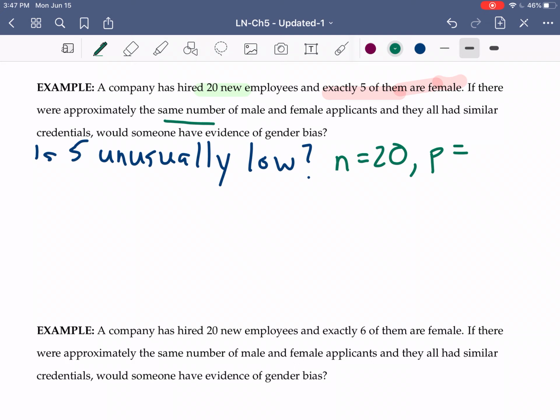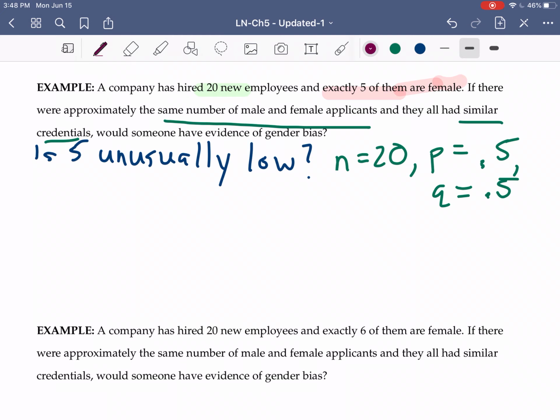Because we have the same number of male and female applicants with the same credentials, then p is equal to 0.5. The probability that any one position would be filled by a female if they are fair, because they have the same number of male and female applicants, should be 0.5. The probability that it is filled by a male, also 0.5. So we want to know, is 5 an unusually low number of females?